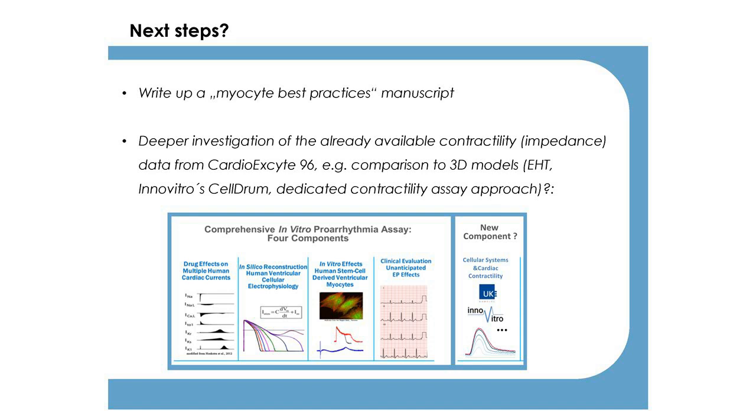And also I really think that a deeper investigation of the already available, for example, contractility data from impedance, or a comparison to other technologies like 3D engineered heart tissues or the CellDrum data, would be very informative and useful to really understand the pharmacology of the cells.